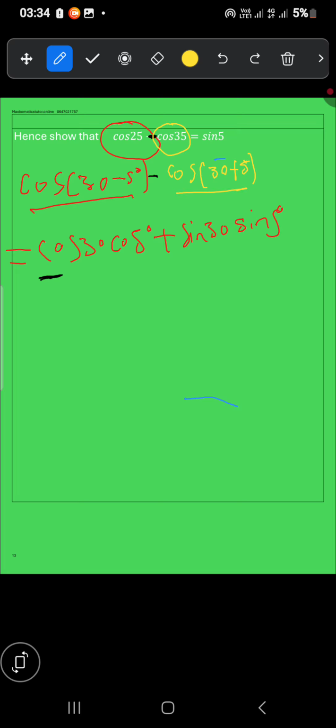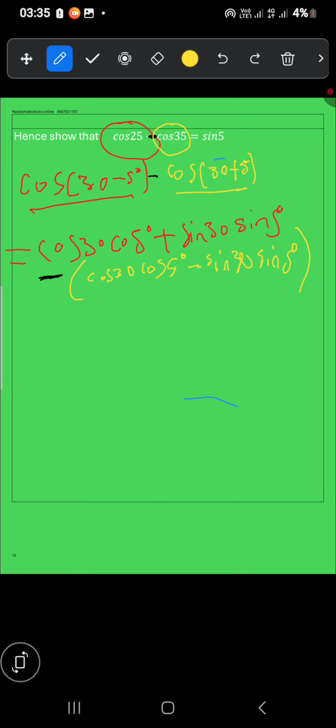So subtract this one now. This is cos 30 cos 5 degrees minus sine 30 sine 5 degrees.